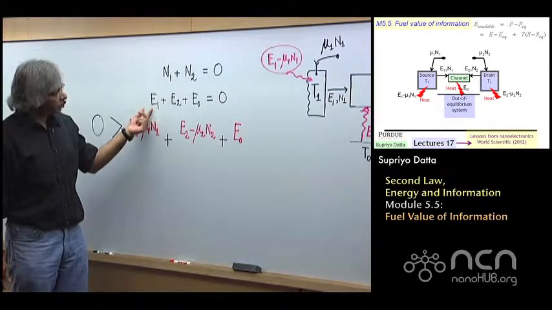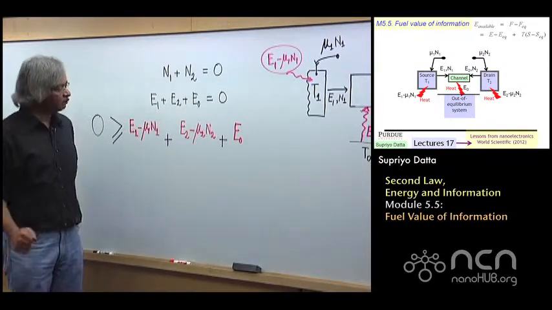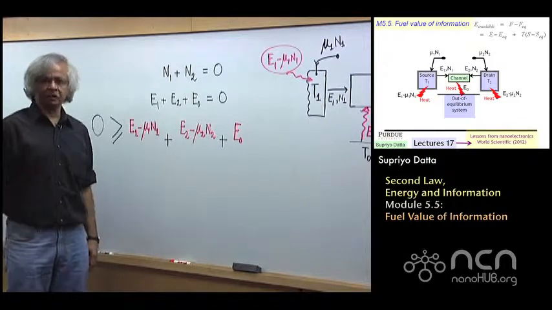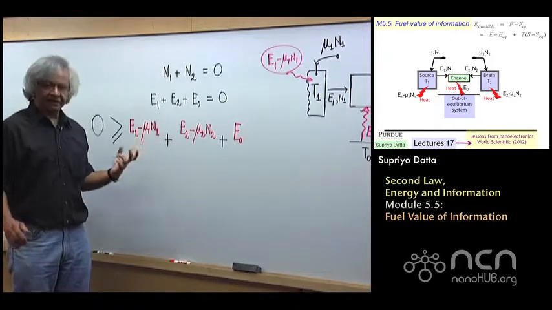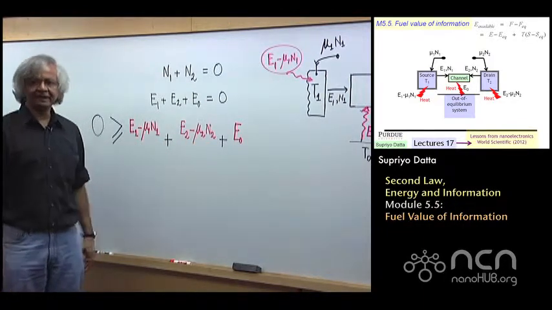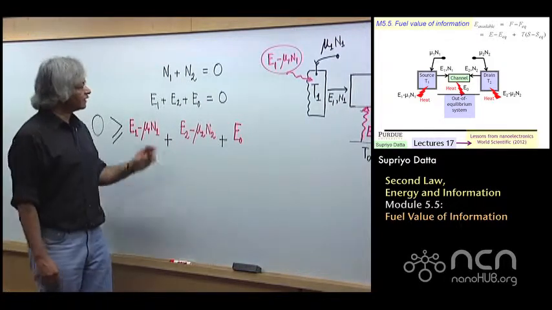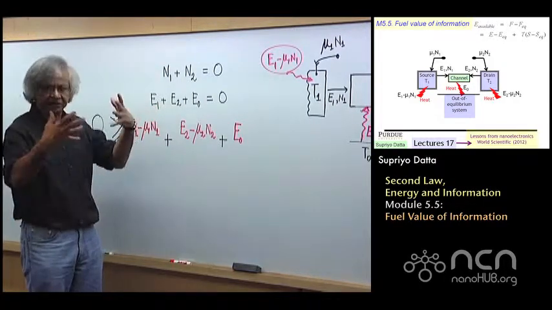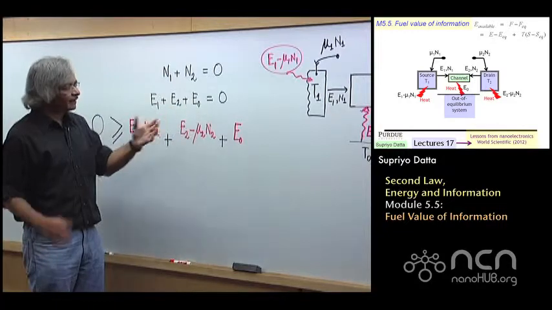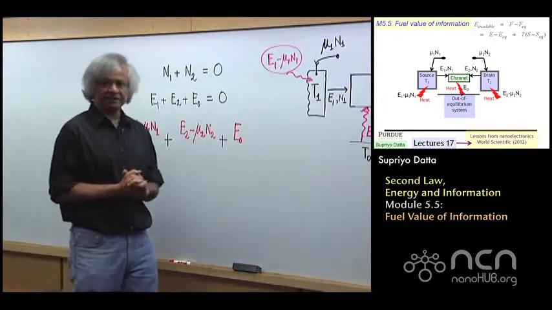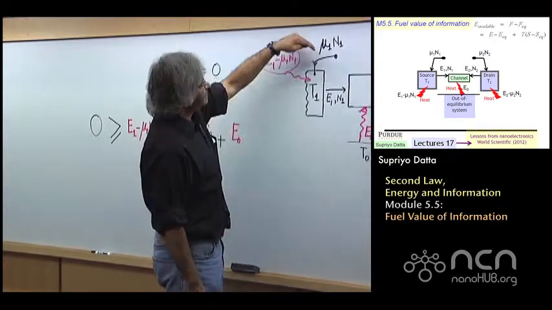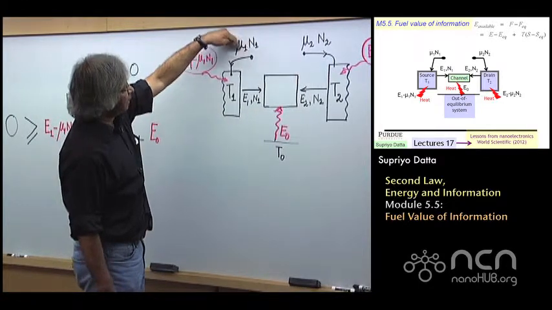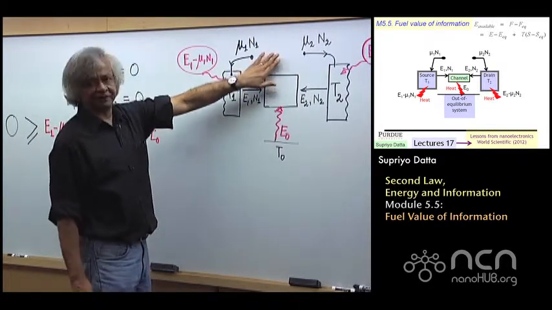And the total energy is conserved, but the important thing that we have been talking about is this second law. And that says that when you look at the total energy that came into this channel, there are kind of two parts to it. There is a part that's carried by the electrons, this mu1 N1, the part that came from your battery out here.